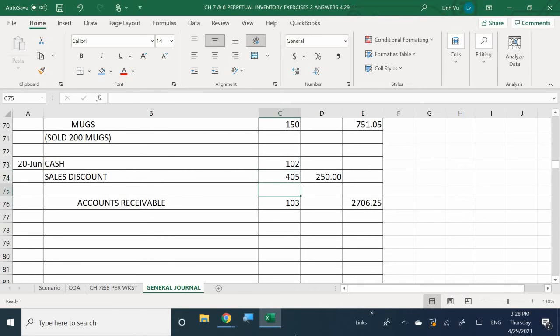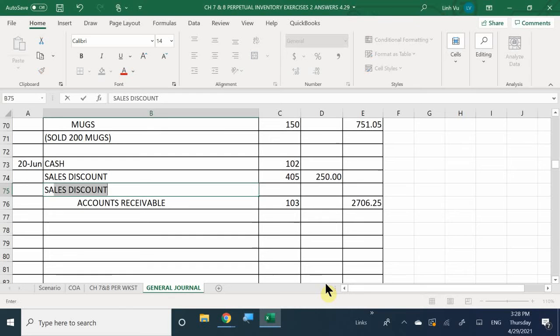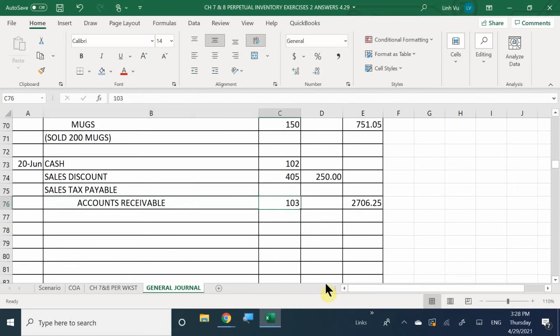Now, if I'm giving them a discount, what else do I also have to give back to them? I have to give them a portion of their tax back. With that being said, I can only do it for the amount that I actually sold it for.